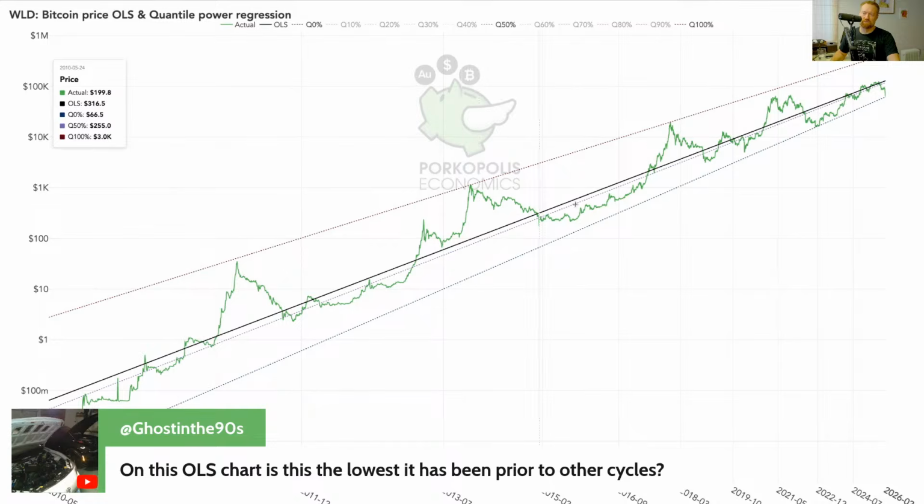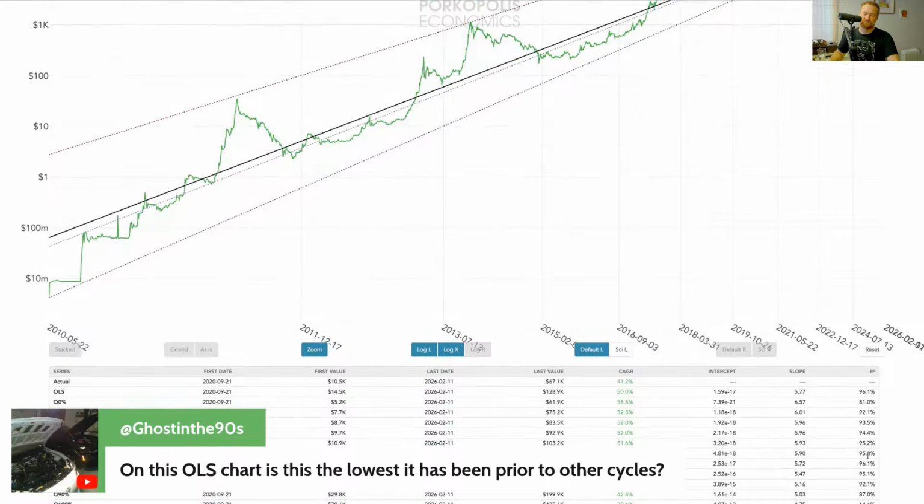So all 4 of these lines on the chart are just looking at the price, nothing else. And they're picking, okay, if I could roughly pick where the median would be, where would the median be? If I could roughly pick the top lines, where would the top line be? And they're running a power curve on that. So you'll see that the R squared is different for each one down here.